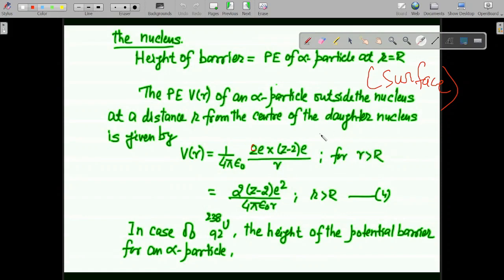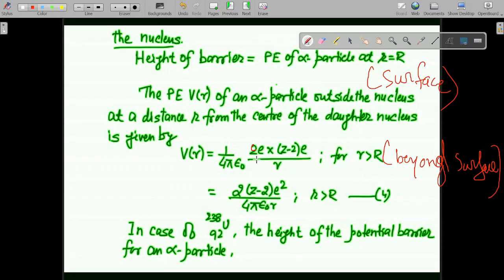That is, for all points beyond the surface of the nucleus, small r greater than capital R.